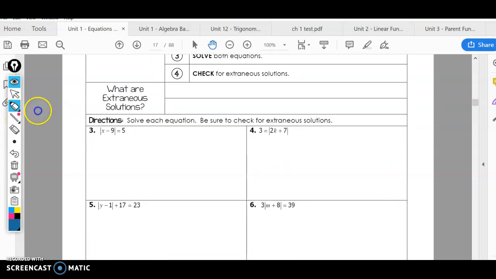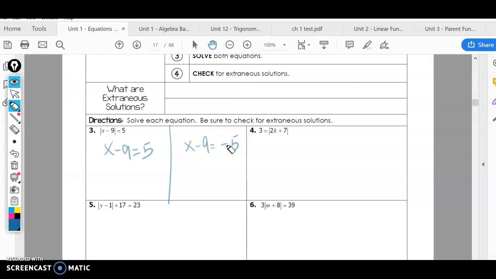Let's look at number 3. Here, our absolute value equation is already isolated. So we're going to start out by setting up two different equations. Our original one, which is x minus 9 equals 5. We don't need the absolute value signs. The other equation is x minus 9 equals -5.